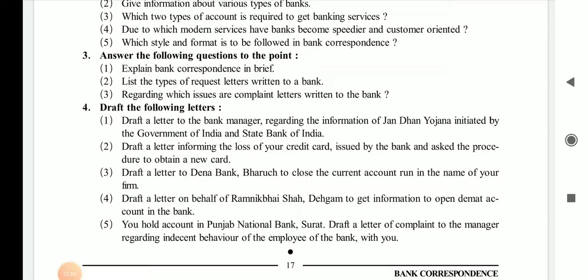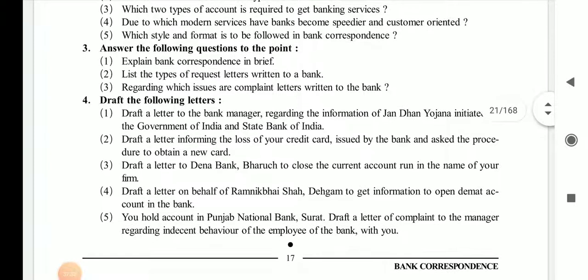As you know, our test is to be conducted, so you have to make sure that you have no doubt in the letters as well as in the whole chapter. If you have any kind of doubt at present, you can ask me, so the problem can be solved, and it is very important for your future as well.